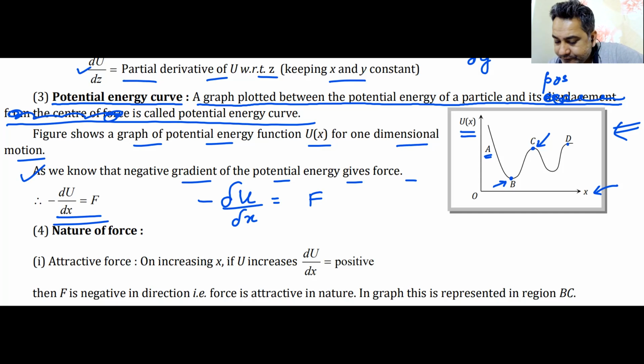Note down the potential energy curve from here to here. I'll give you a minute. You have to draw this diagram.